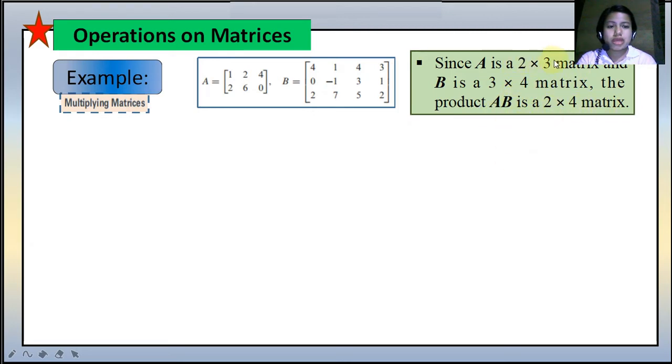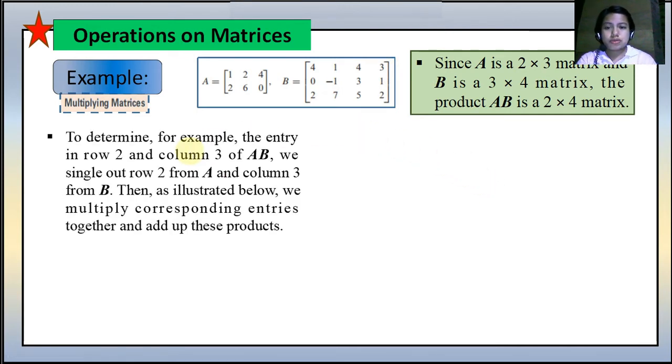If we write this side by side, we can see that the number of columns of matrix A is the same as the number of rows of matrix B. Hence, we can proceed with matrix multiplication. And the size of the resulting product matrix AB will be 2 by 4, since the number of rows of the first is 2 and the number of columns of the second matrix is 4. So it is a 2 by 4 matrix.